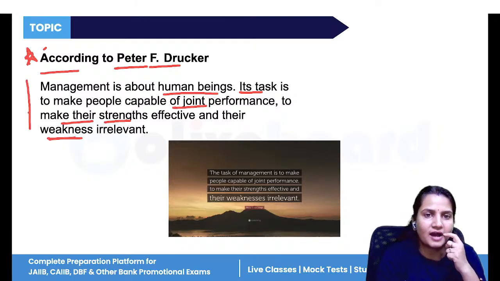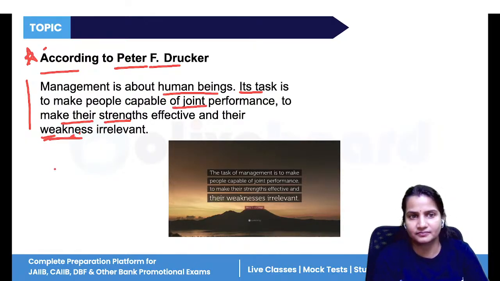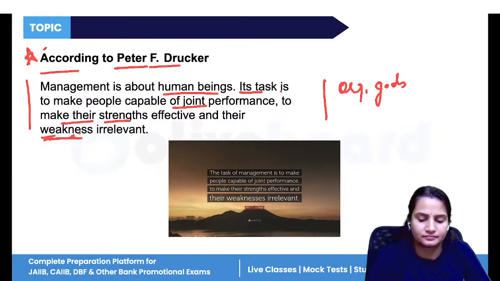You have to deal with each and every person, catch the strength of your people, and ignore the weakness. Then only you can help your employees to achieve organizational goals. So this is said by whom? Peter F. Drucker.